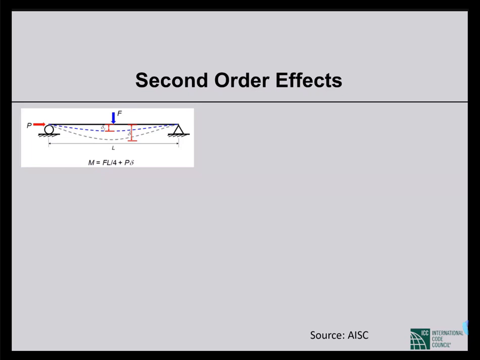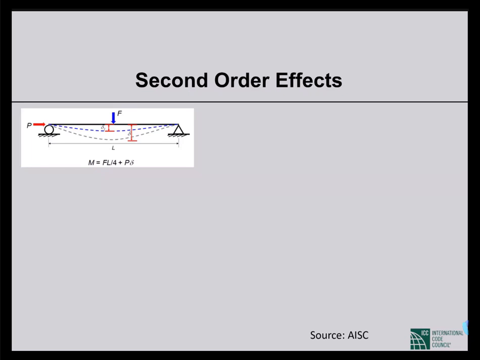Then suppose it is subjected to an axial force P. If we calculate moment without considering the deflected shape, considering only the undeformed shape, the straight line skeleton of the beam, we'll calculate the maximum moment to be FL by 4, where F is the transverse load.